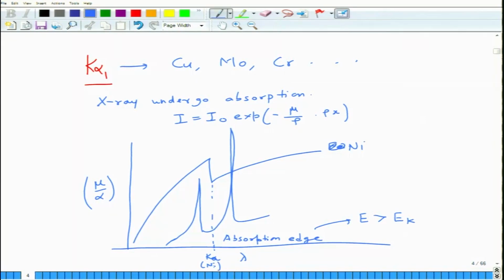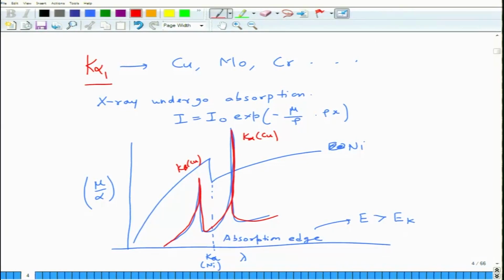Nickel has a K absorption edge which falls between. So this is, let us say, the K beta peak of copper, and this is the K alpha peak of copper, K alpha Cu, and this is K beta Cu. If you want to use copper radiation, and you want to use the K alpha component, then you let copper radiation pass through a nickel filter.